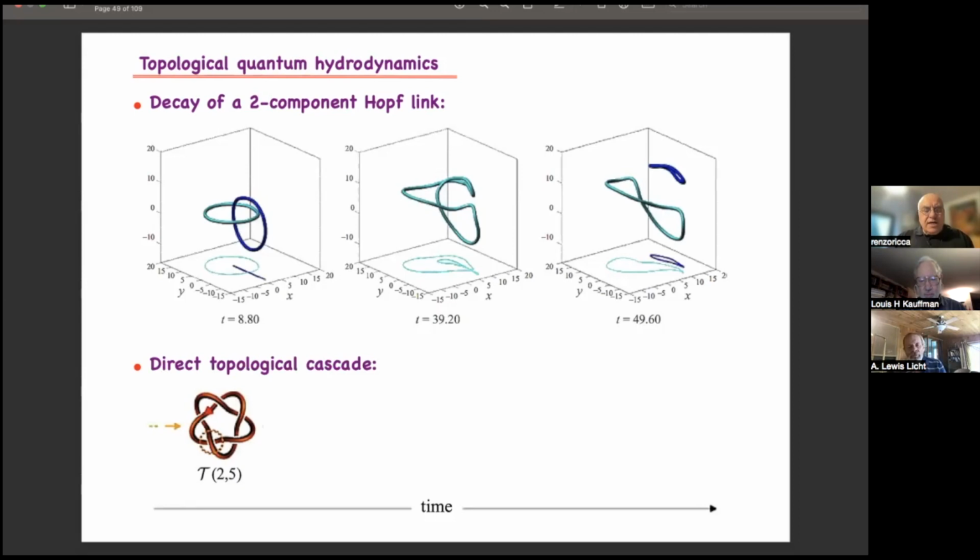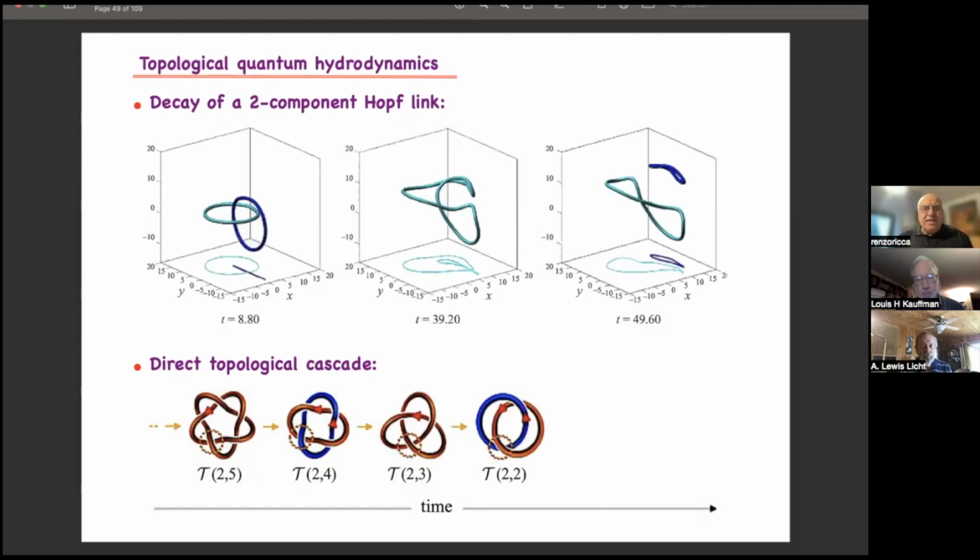If you assume for simplicity that there is only one single anti-parallel reconnection occurring on your defect at a time, then you expect to get, for example, the 2-4, and then the 2-3, and then the 2-2, and then the unknot, and eventually the formation of separate loops.